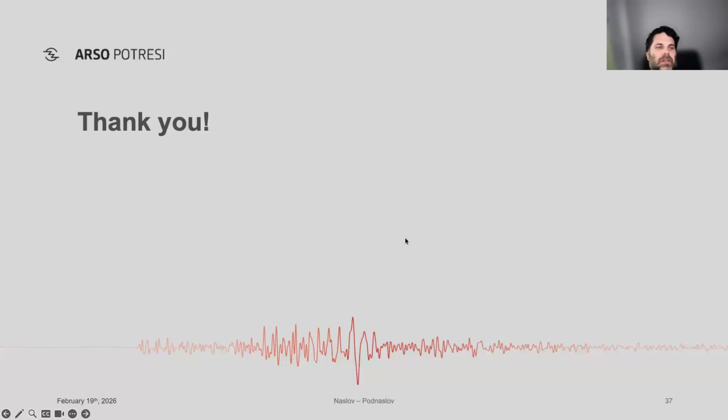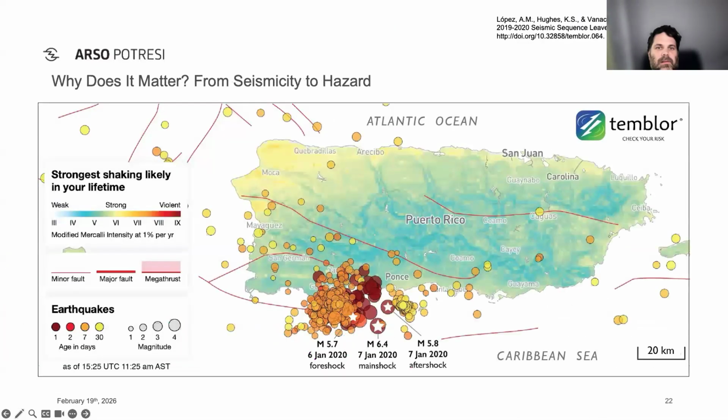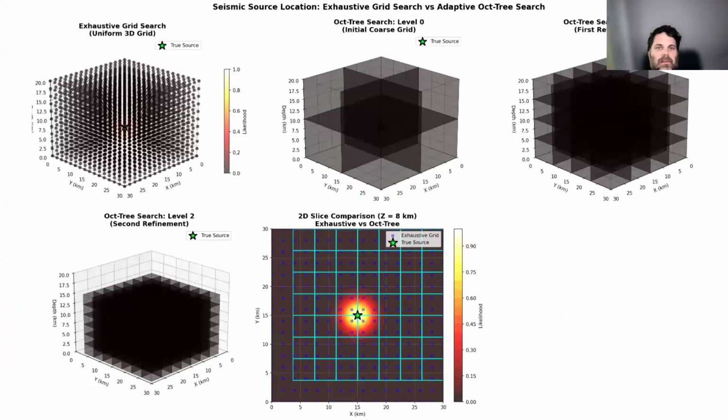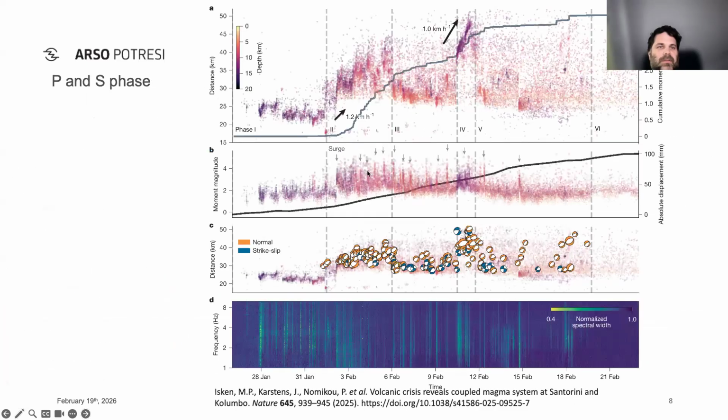And then the machine learning algorithms. Where this picture comes from is described in this paper, which is also about the software they use for the detection and relocation of these events.